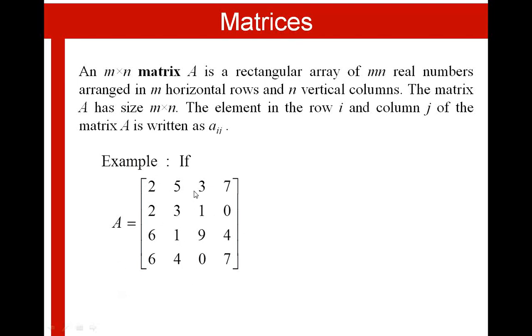And these are the corresponding elements, the list of numbers inside the two brackets that represent the matrix. The element A13, which is in the first row, third column, is 3. Also, the element A34, which is in the third row, fourth column, is 4.